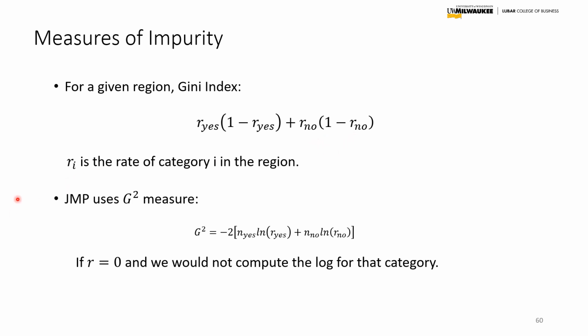JMP uses what's called a G squared measure, which equals minus 2 times, in parentheses, the number of yeses in a region times the log of the rate of yeses in the region plus the number of no's in the region times the log of the rate of no's in the region. Now remember, you can't take the log of the value 0. So if either one of these rates equals 0, we don't compute the log. We just delete the term straight out.